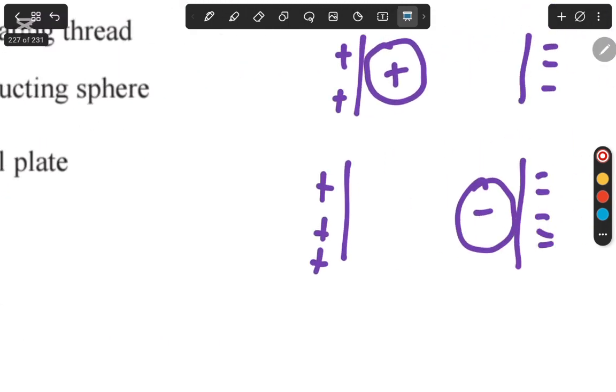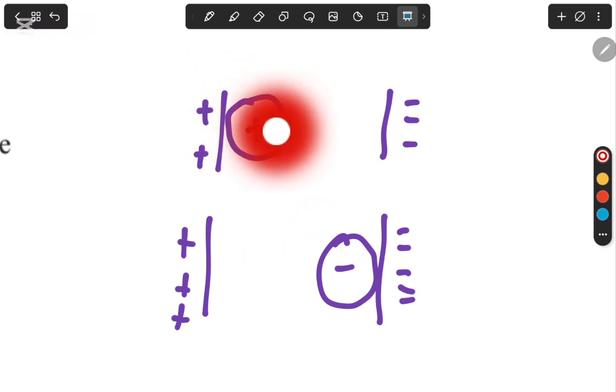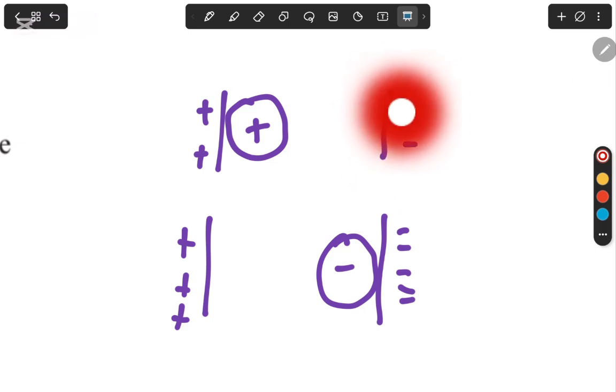And then once the sphere comes into contact with the positive plate, the sphere becomes positively charged. And now they have the same polarity, so the positive sphere and the plate are going to repel each other, and then the sphere will be attracted towards the negative plate.